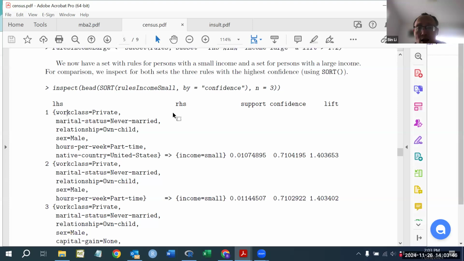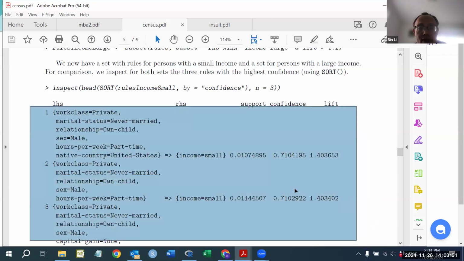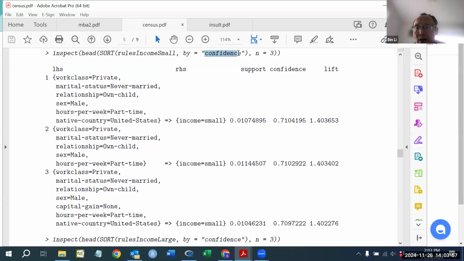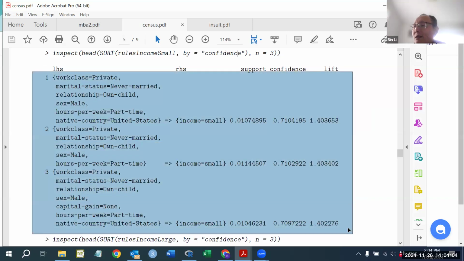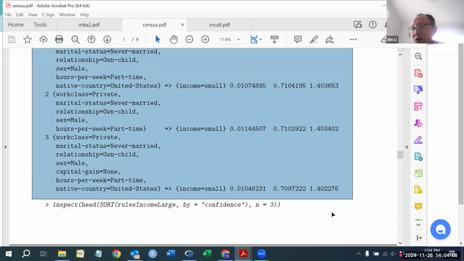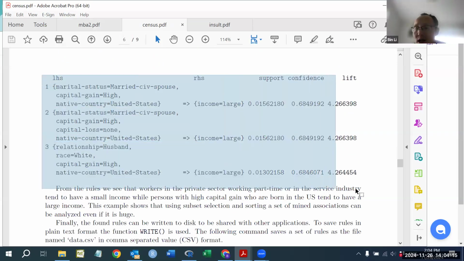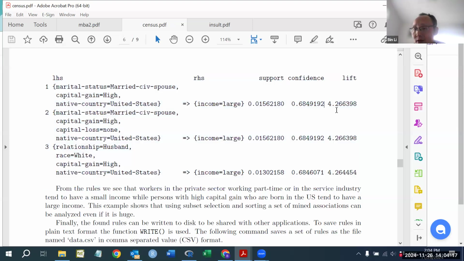For the low income group, these are the leading rules, sorted by confidence. These are the rules related to the low income, and these are the rules related to the high income. Look at the lift values.